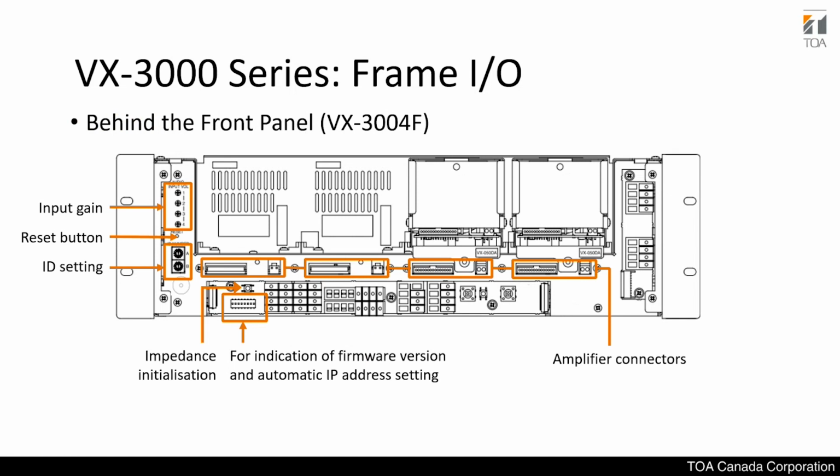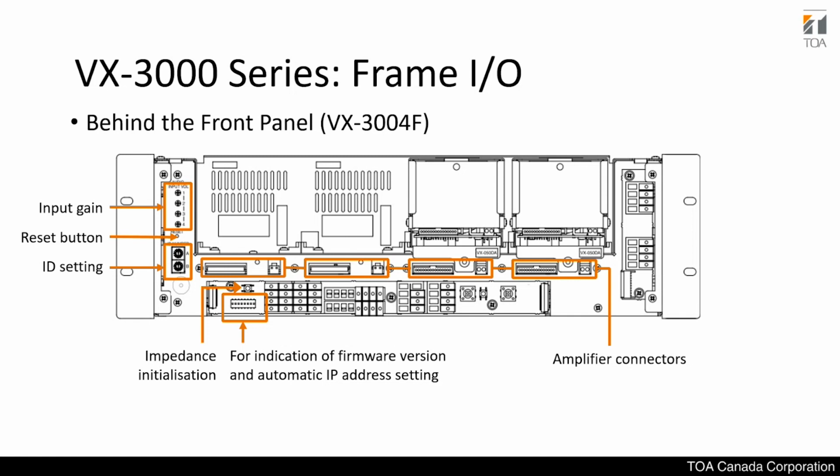If you take off the front panel, you will expose an additional set of controls on the VX3000. When you install a module, this is where you connect the ribbon cable available on the modules. There is also an LCD that indicates, depending on the code shown, the IP address setting.